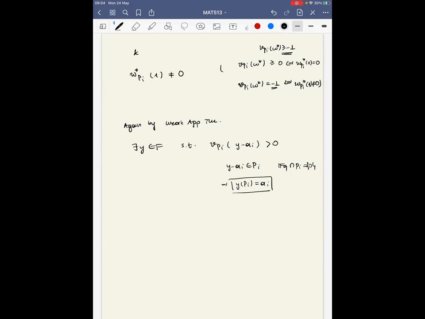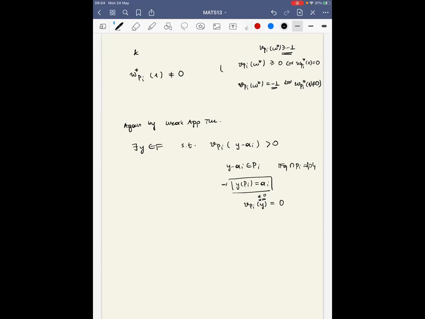And moreover, if the ai's are non-zero, so that means y has no zero, and it is not infinity, so y has no poles or zeros at Pi, so its valuation at Pi is also 0.